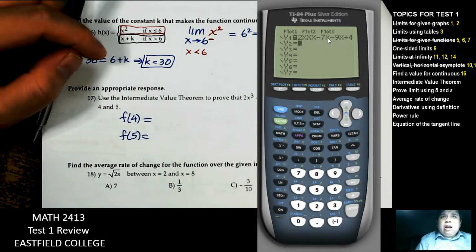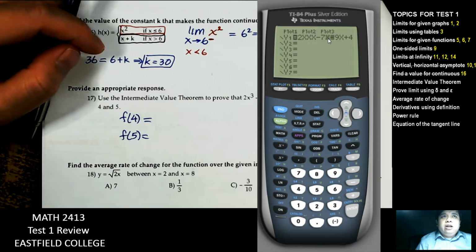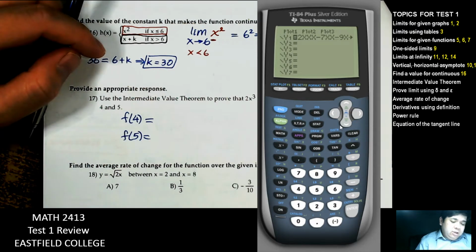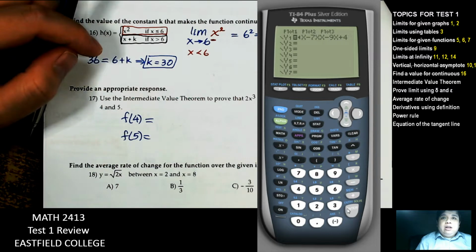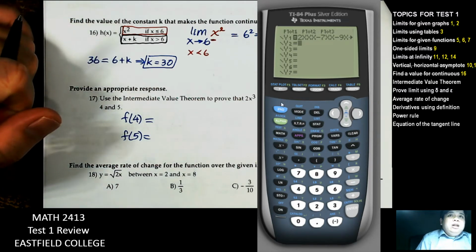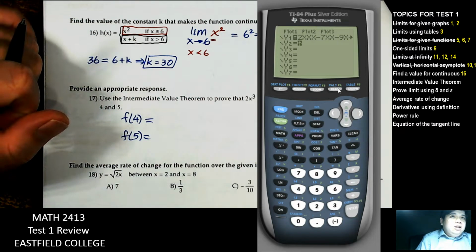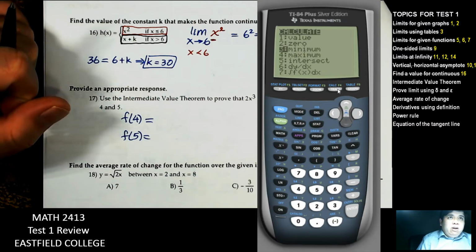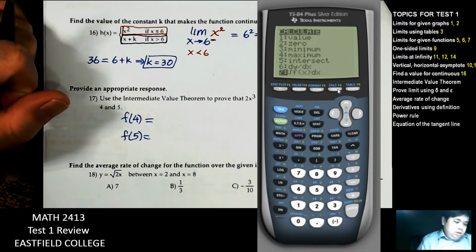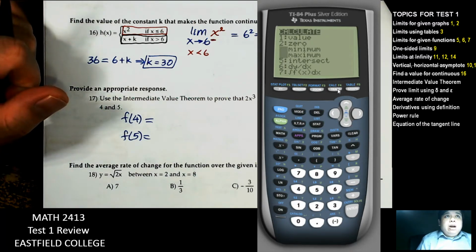I thought I entered 7x squared. Insert an x into it: 2x cubed minus 7x squared minus 9x plus 4. Now we graph it, and then second trace to find the values.